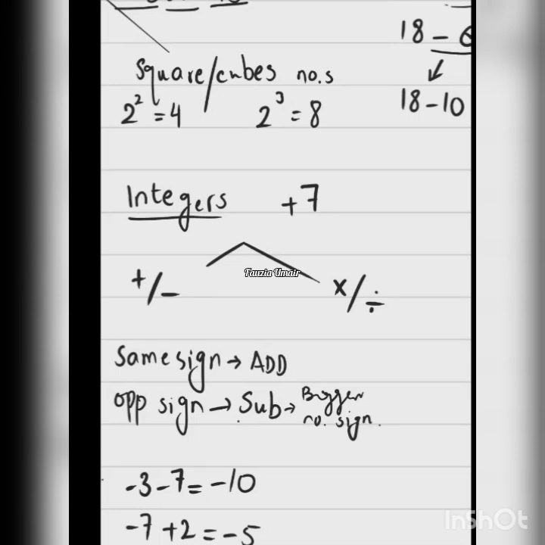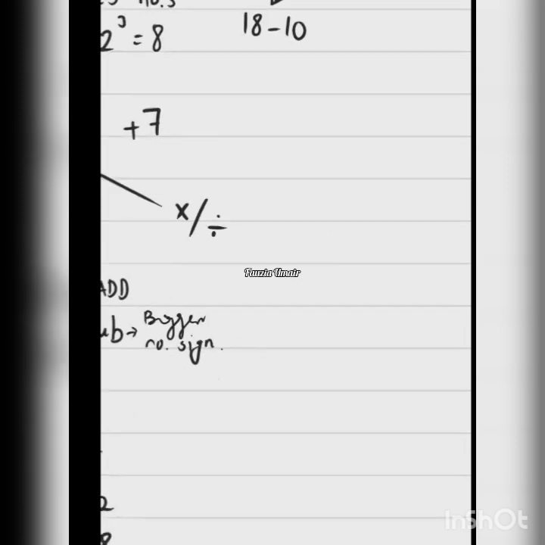So Hussein, what is the answer of +10 -2? +8. Very good. So Iza, what is the answer of -3 -4? Very good, -7. So you need to remember, if the same signs, you add and keep the sign.